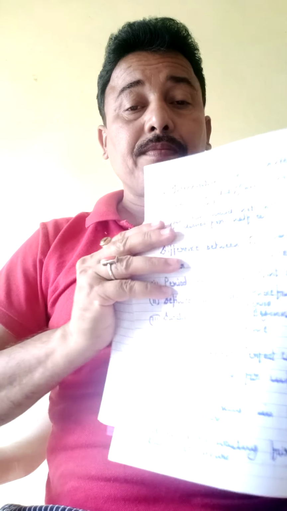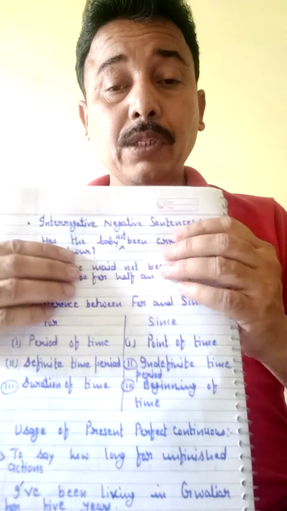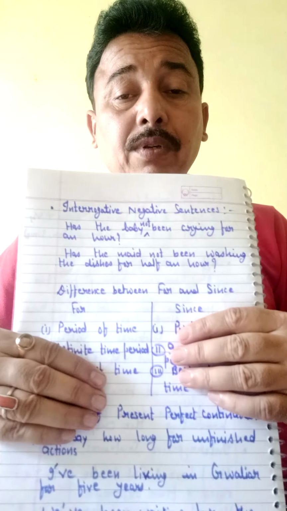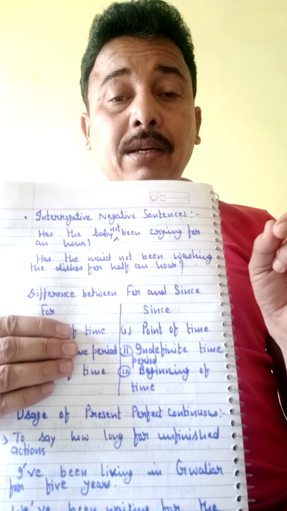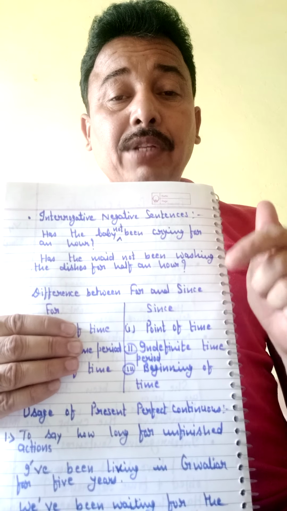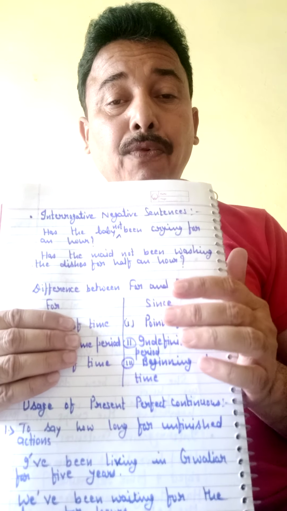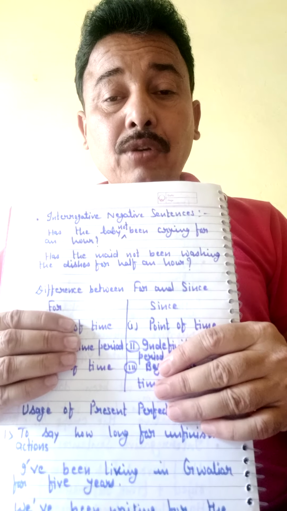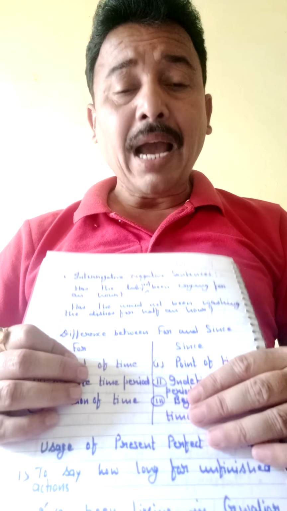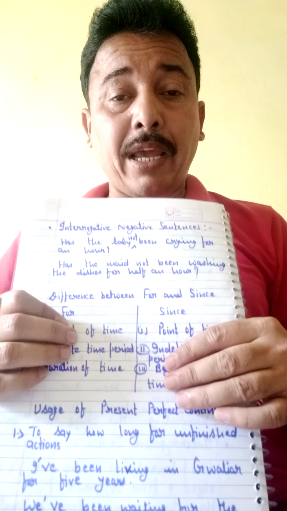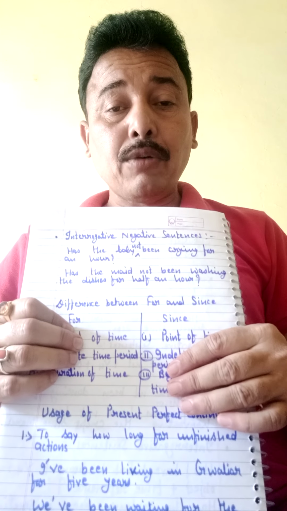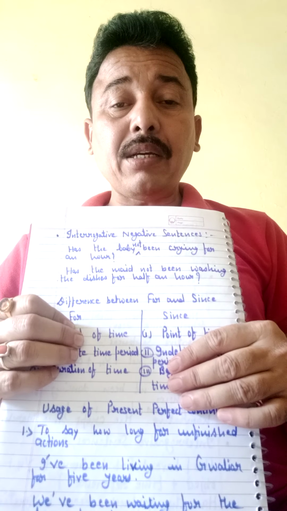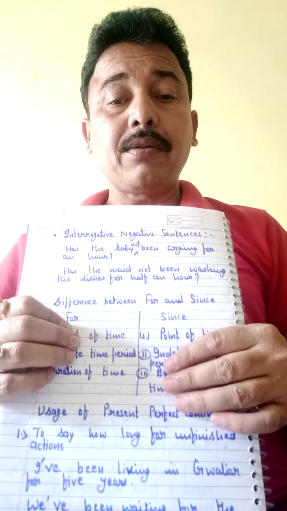Now come to the next, interrogative negative. The format of this sentence is as usual, like in interrogative. One thing is new, that is, not has to be added before been. So here is an example: has the baby not been crying for an hour?